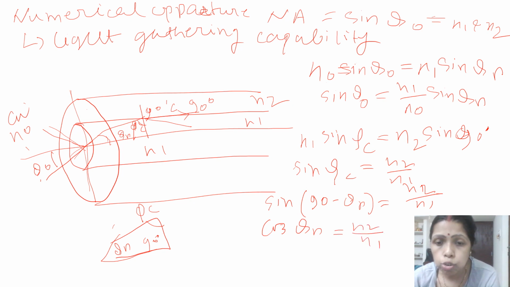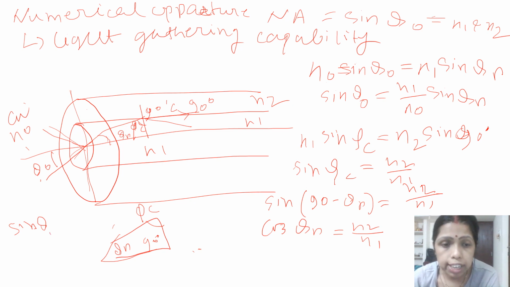But you have to do the derivation, you have to calculate sine theta naught. Here in this equation you can see sine theta r is unknown. So the entire sine theta naught should be in the form of eta 1 and eta 2. Here I am getting cos theta r is n2 by n1. I have to calculate sine theta r. There is one trigonometric formula: sine square theta plus cos square theta is equal to 1.